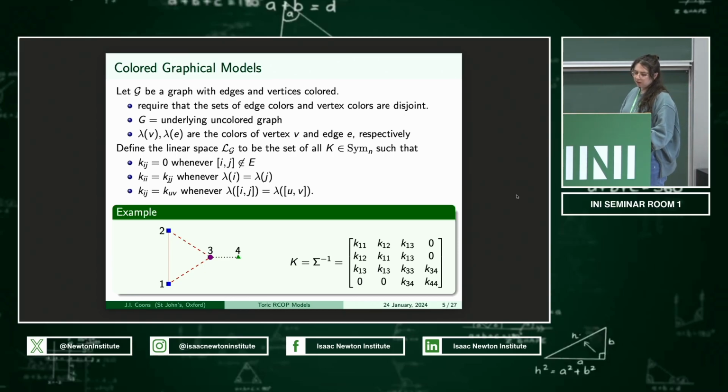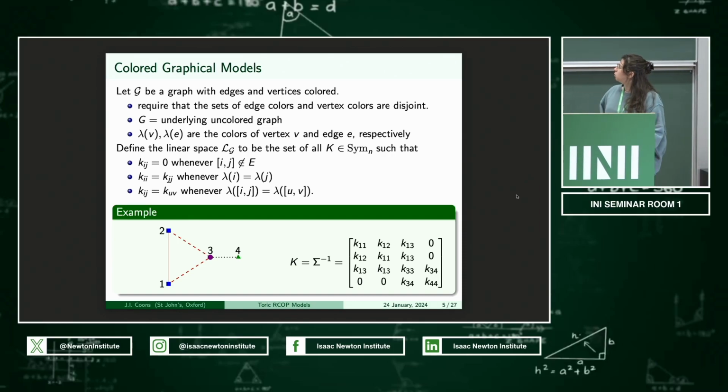I'll always use regular G to denote the underlying uncolored graph, and fancy G is the colored graph. My notation is that lambda of a vertex or lambda of an edge is the color of that vertex or edge.